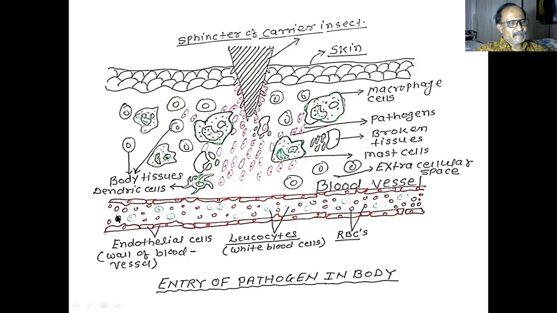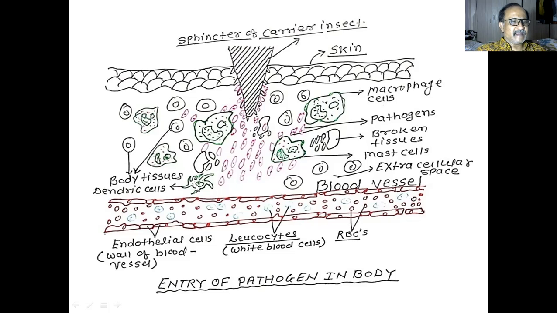Means small capillary. See, in this extracellular fluid, certain immune cells are present scattered. These are macrophage cells, then mast cells, then dendritic cells. This is the dendritic cell, meaning these cells possess projections or dendrites. Then this is the macrophage cell.